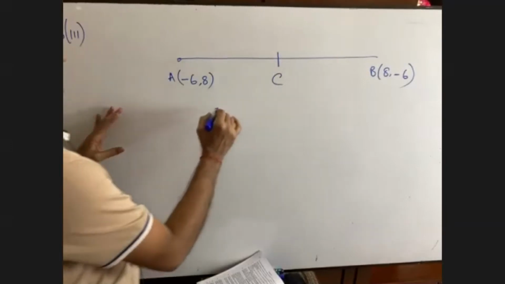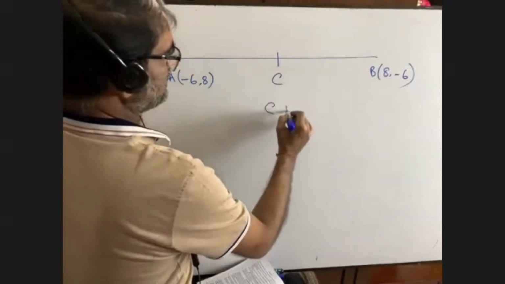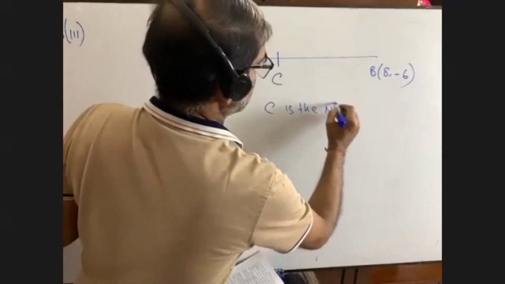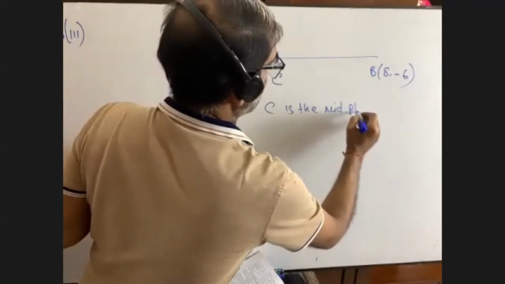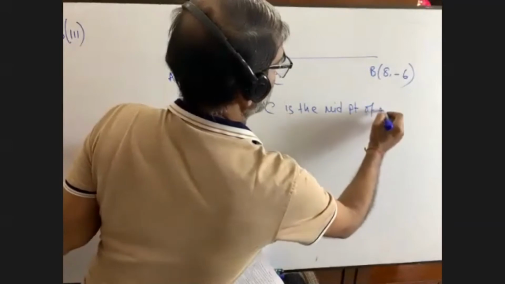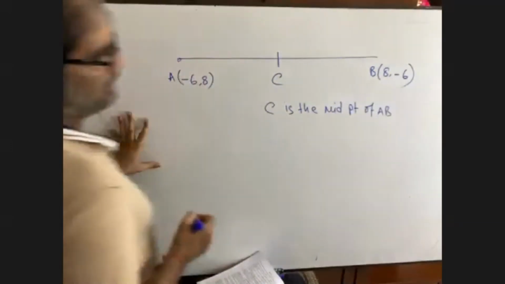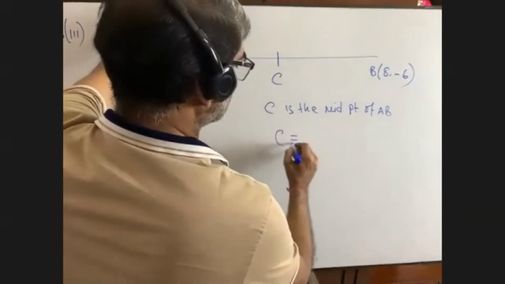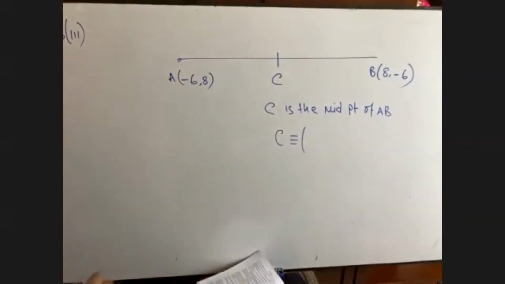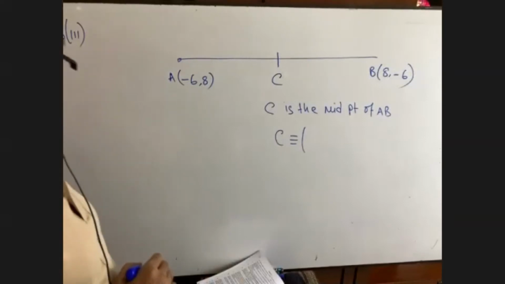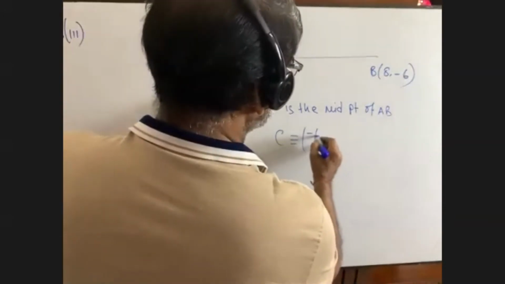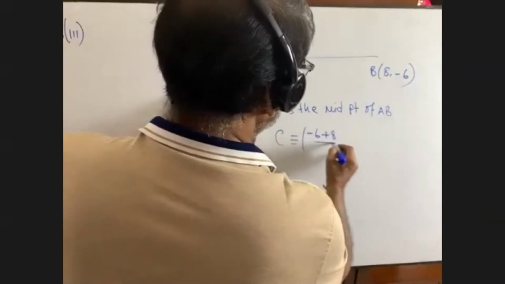Write down, C is the midpoint of AB. So can you please let me know what will be the coordinates of C? Midpoint formula, x1 plus x2 by 2. So -6 plus 8 by 2.